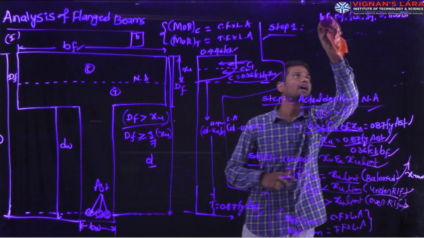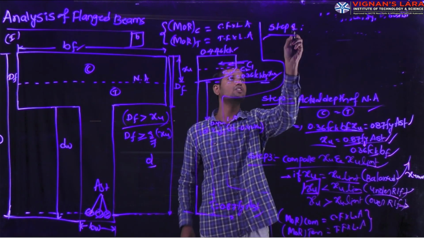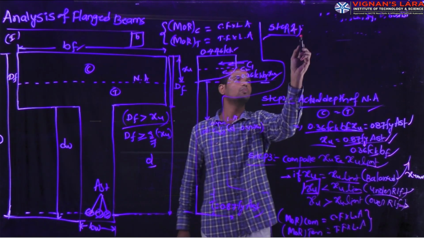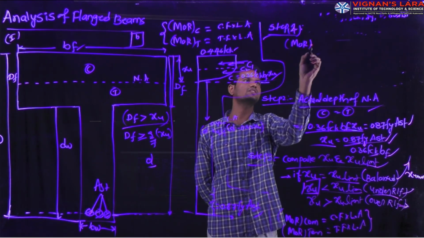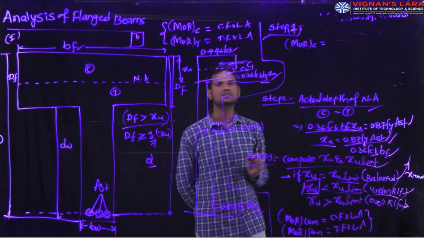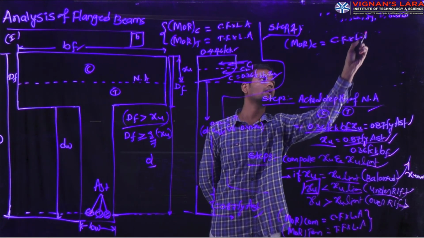Next we have step number 4: the moment of resistance for the compression. Moment of resistance for compression is compressive force into lever arm distance.